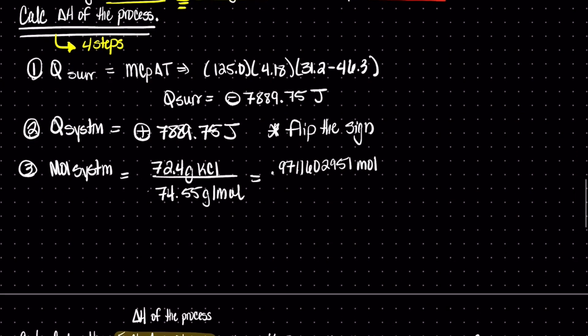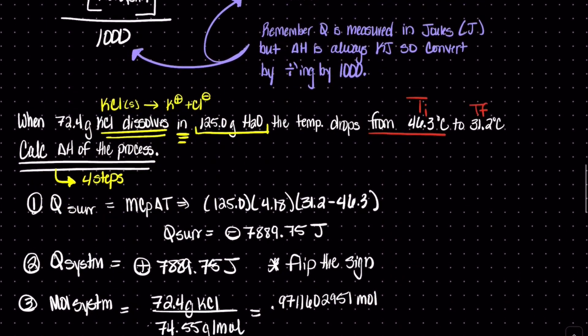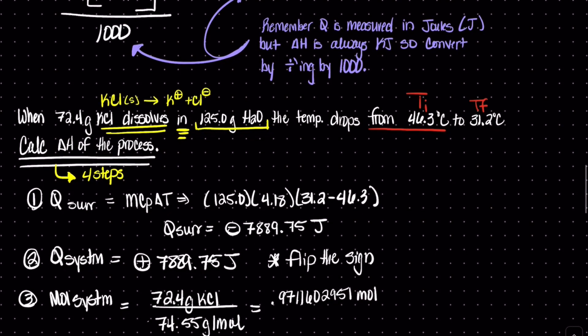So now let's plug and chug it all together. So now I gotta get delta H going. I know delta H is Q of the system over moles of the system, so I'm building this little bracket here. I know Q of the system right here, over moles of the system, which I've already calculated right here.